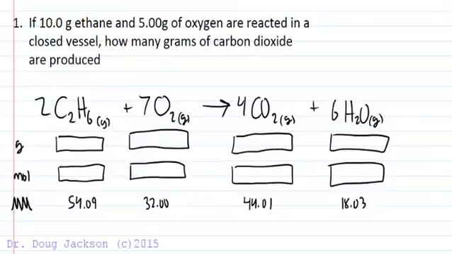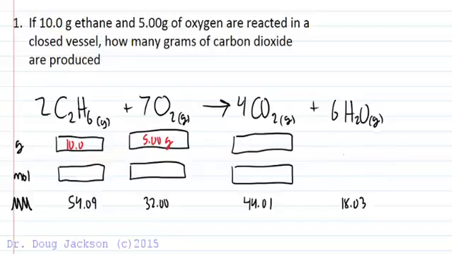So if two sets of reaction data are given to us, and we don't know which one's the limiting reagent, we have to perform the calculation twice. So what are we given? We're given 10 grams of ethane. We are given 5 grams of oxygen, and we want grams of CO2. So we're not concerned about water.